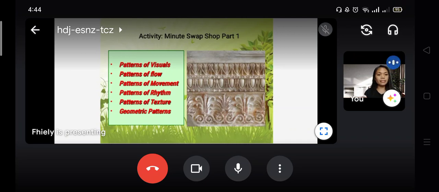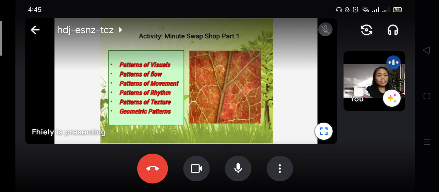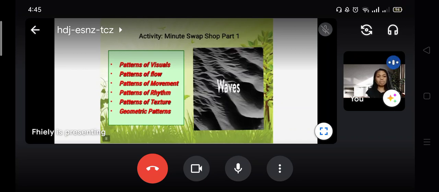Next one, a picture of animals like a snake, their actions or their movement, right? Okay, next is leaves. As you can see, those are patterns. The last one is wave. Water. I think you already have an idea about these, I will just assume.